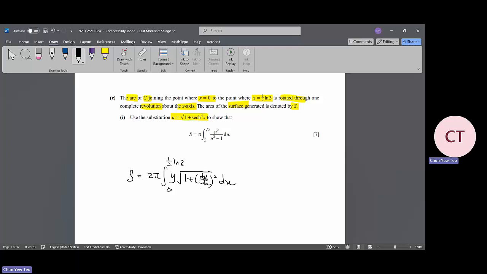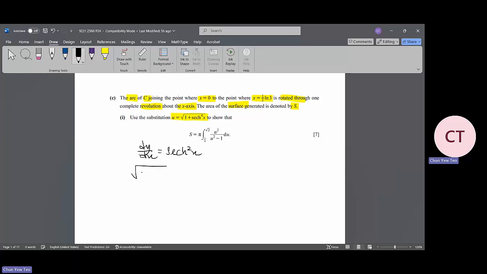So that means at first we need to find the dy/dx. We shouldn't start from here; we should start from the dy/dx. Your tan x, if you differentiate, you get sec squared x.